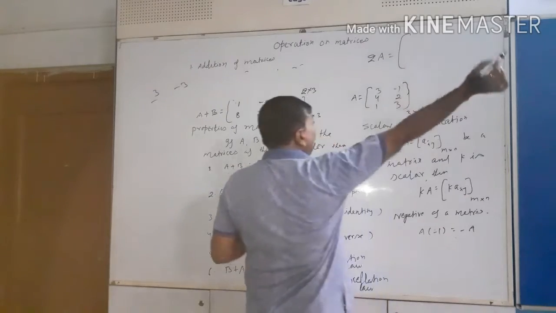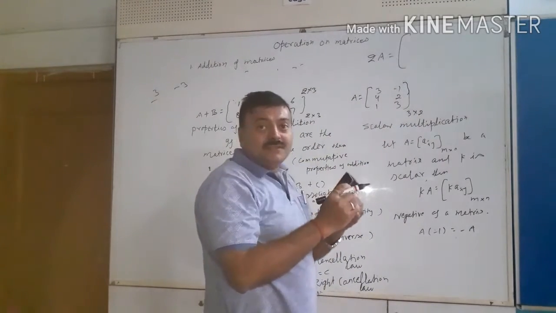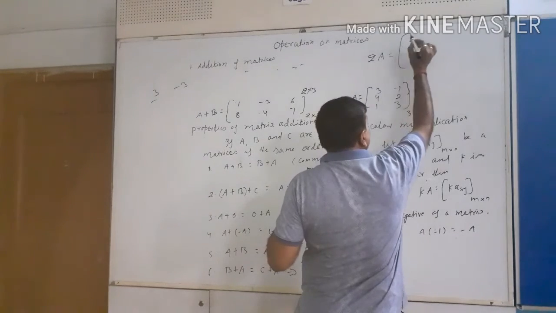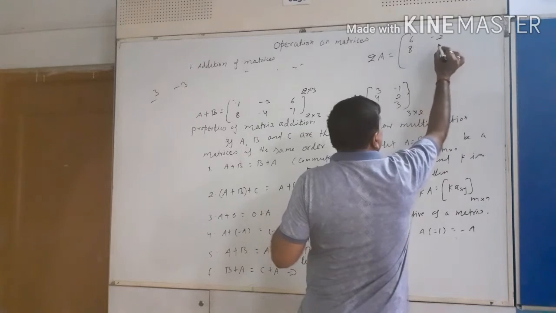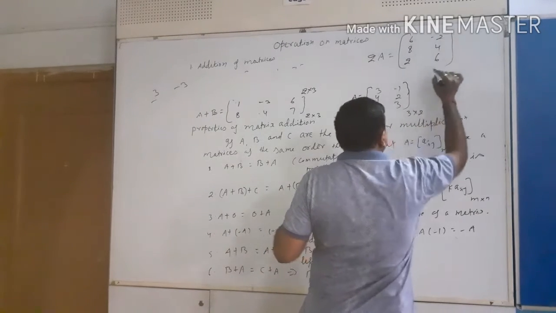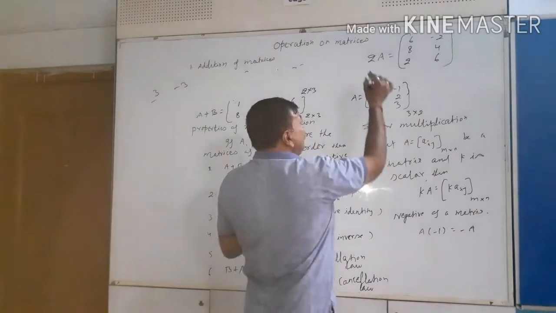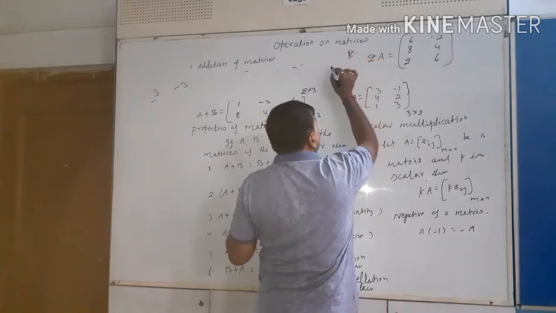Then how can we multiply? 2 multiplies each element of it. 2 into 3 is 6, 2 times minus 1 is minus 2, 8, 4, 2, and 6. That is the example of scalar multiplication.